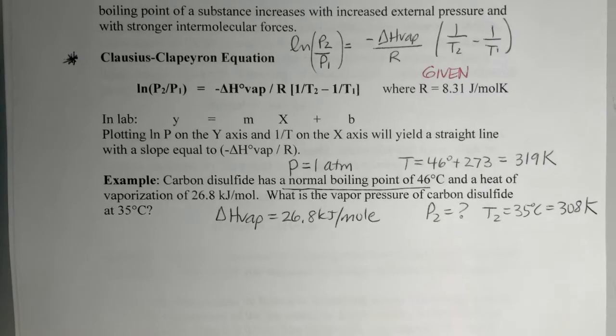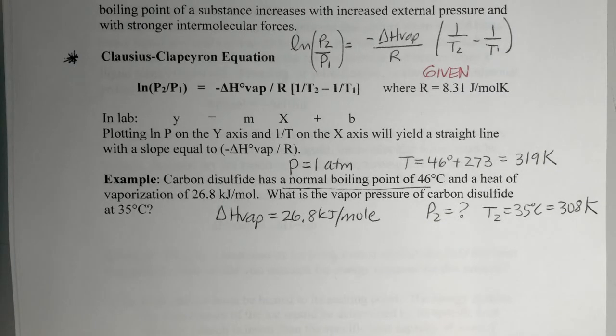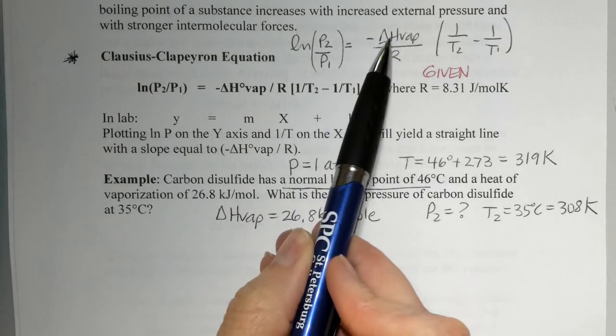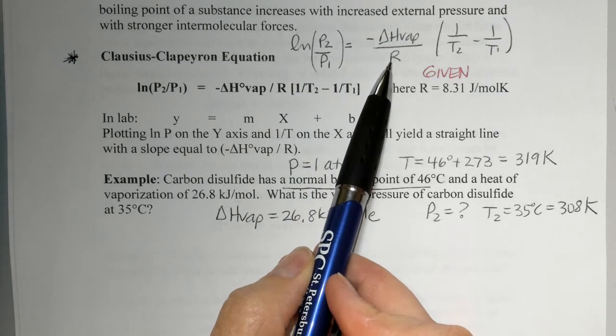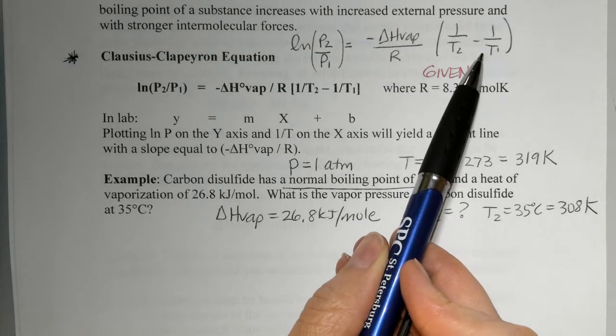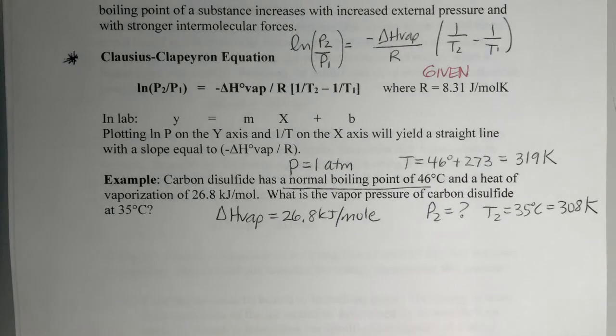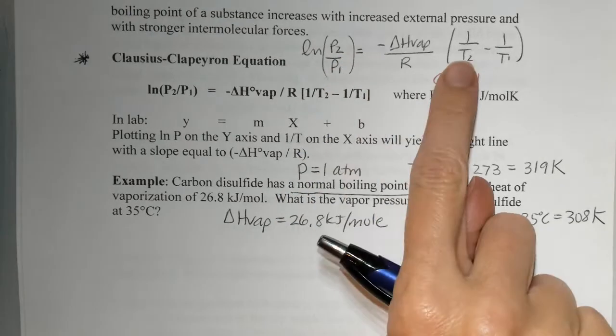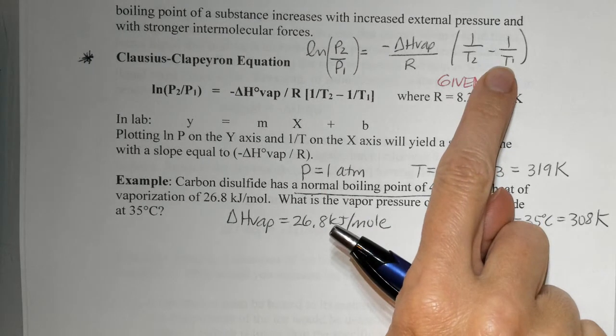All right, so basically we're looking for P2, we have our P1, we have our heat of vaporization, R is a constant, and we have our two different temperatures here. Now, the textbook that I always used didn't have the negative here for heat of vaporization. Instead, it flipped T2 and T1.